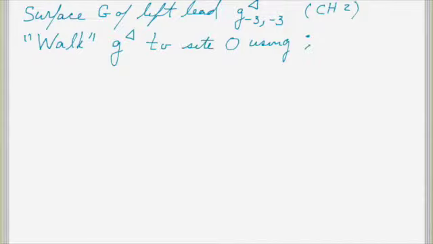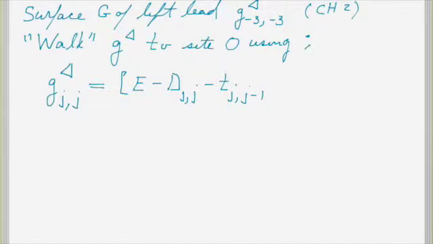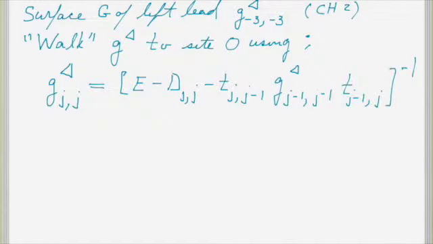So the generic one is that G left connected at JJ is equal to E minus D JJ minus T J comma J minus 1 G left connected J minus 1 T J minus 1 comma J, whole thing inverted.